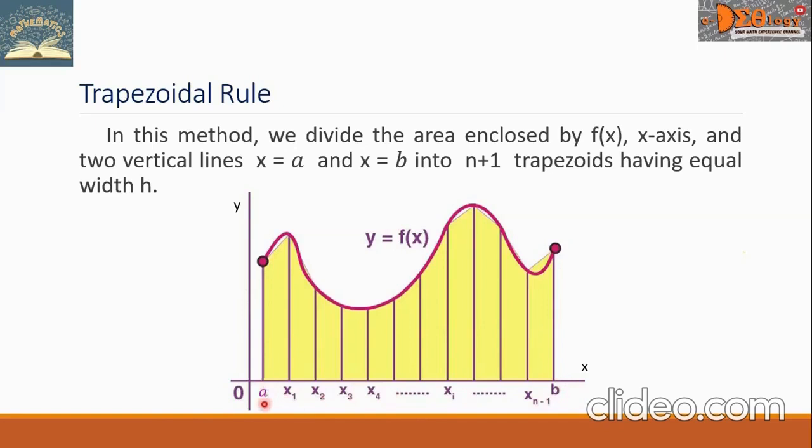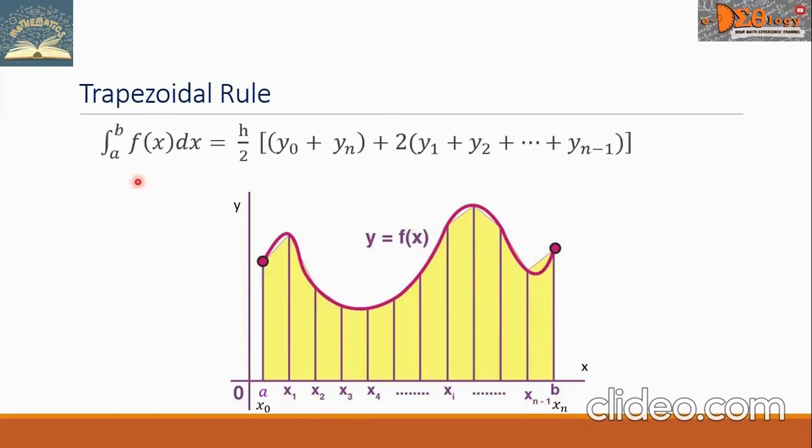So we have a, then x sub 1, x sub 2, x sub 3, x sub 4, up to x sub i. Then we have x sub n minus 1. And the last is b. Here, a is considered to be x sub 0 and b is x sub n.